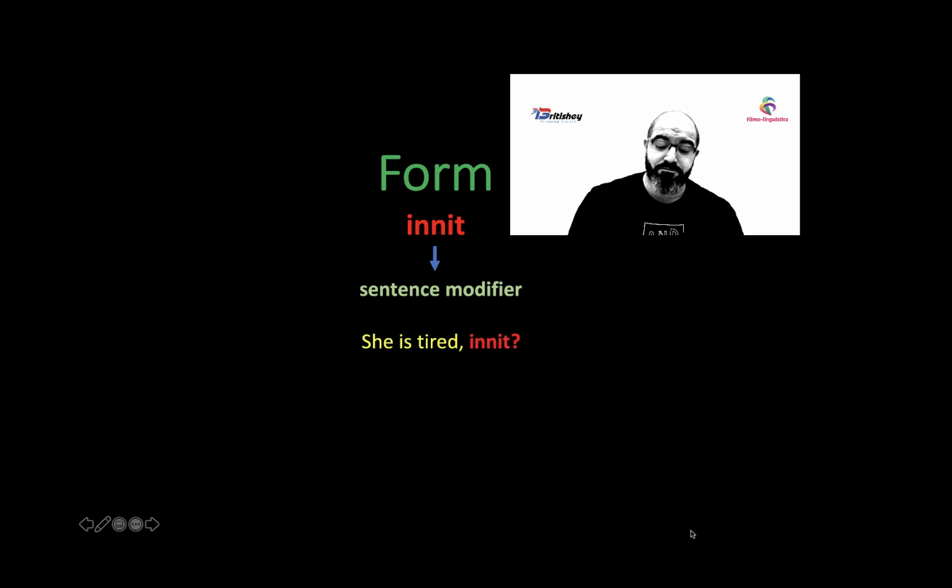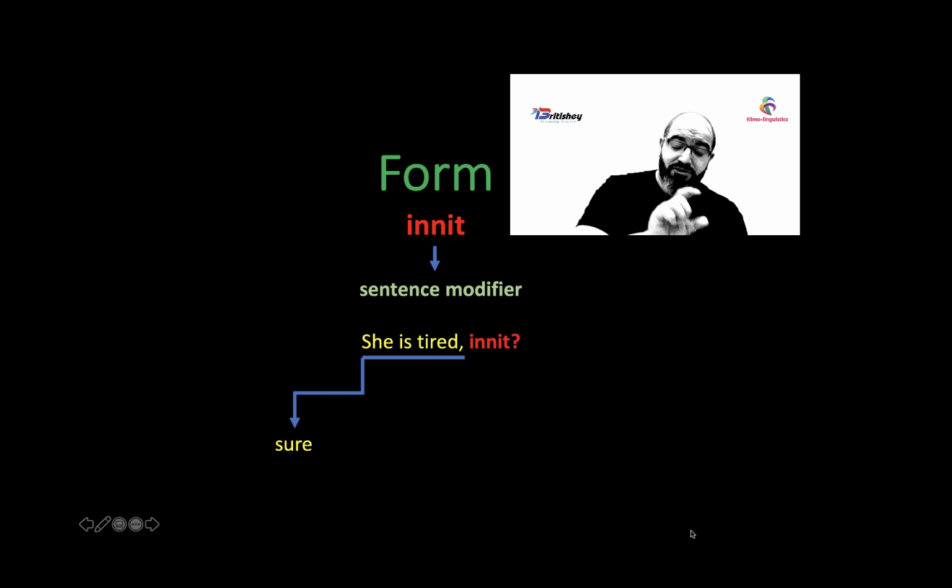So you can say something like, she's tired, innit. When you say it this way, you're seeking an agreement from the listener, but you're sure that she's tired. And it means that you modify the meaning of what you've just said, because now the listener knows that you're sure of the information you've just given.